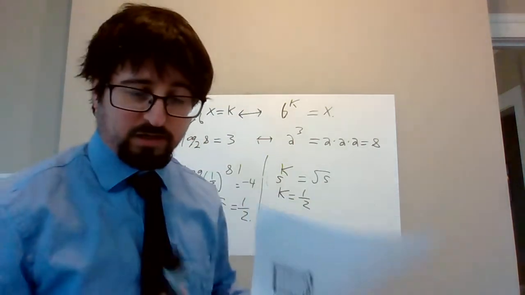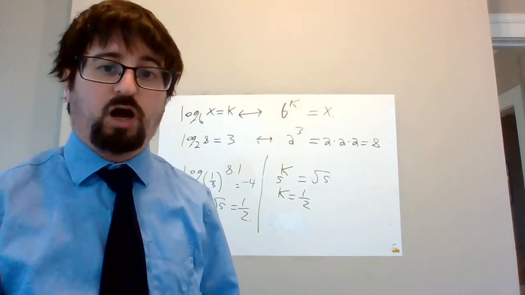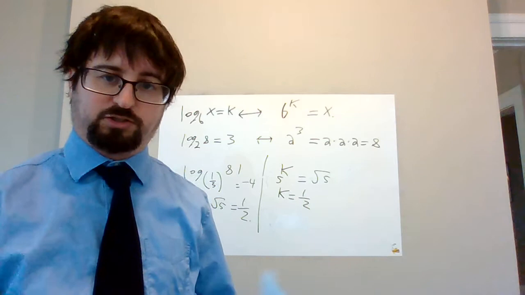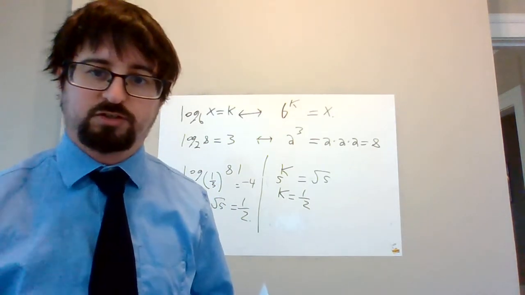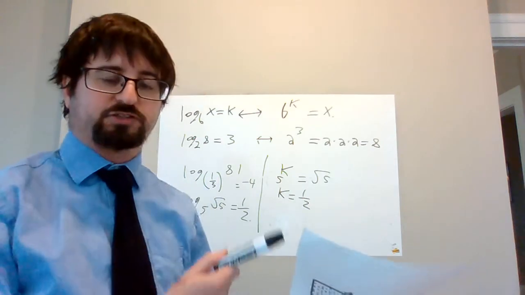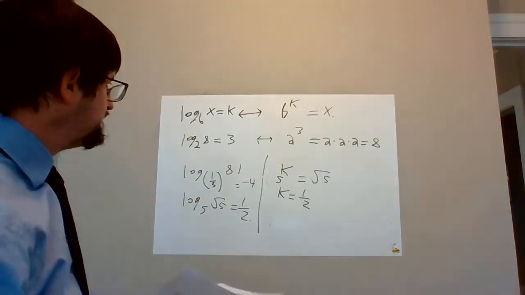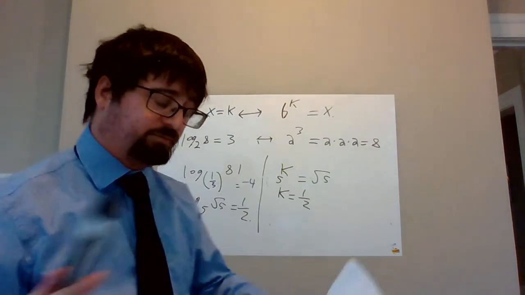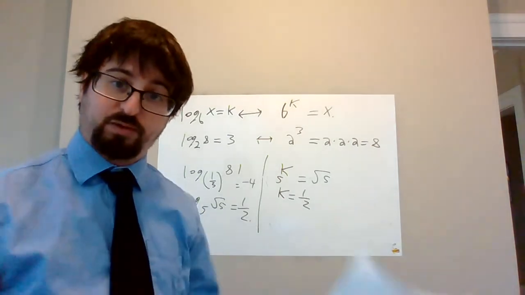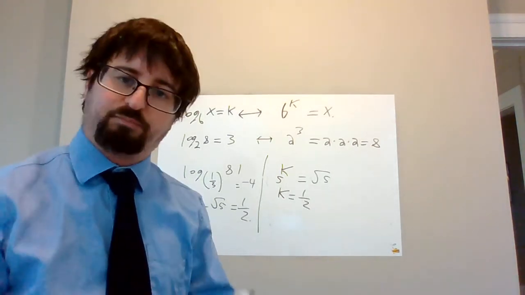Now, one of our key ideas here is going to be that logs undo exponentials and exponentials undo logs, right? They're inverse functions. It's a term we would have used last semester, so you can use that if you'd like. Log base b of x is an inverse function of the function b to the x, as long as b is fixed. And we have to be careful. We want b to generally be positive.